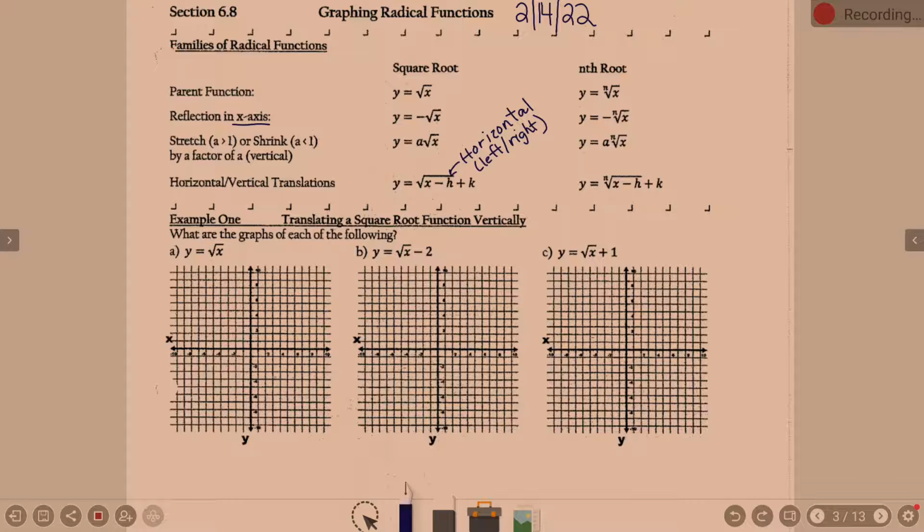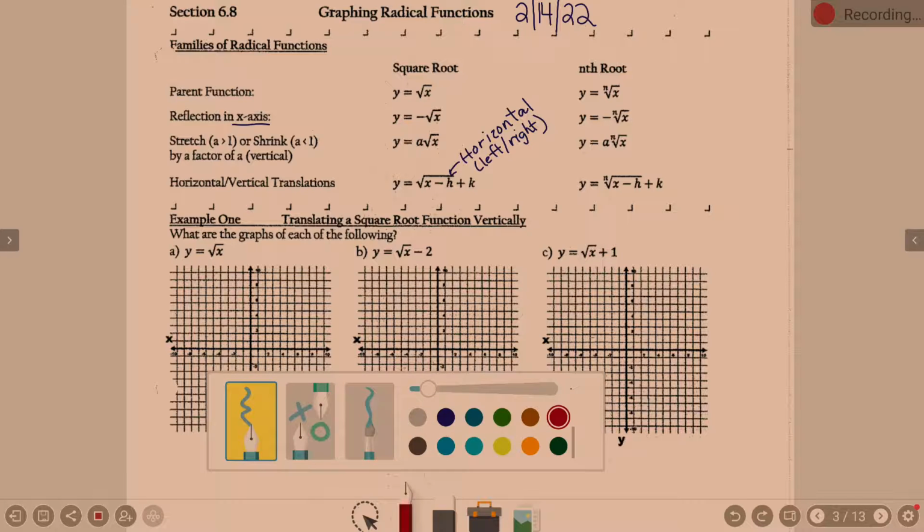Now, take a guess here. Since it says x minus h, what was true when we were moving left and right first semester? Opposite the sign. Same thing, guys. It's x minus the value under the radical. So it's going to be left or right opposite the sign. Okay? What about the plus k?